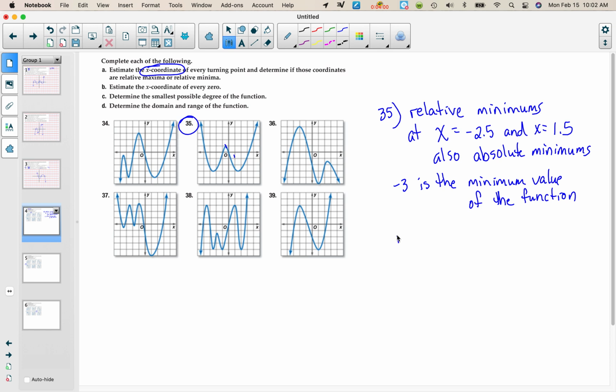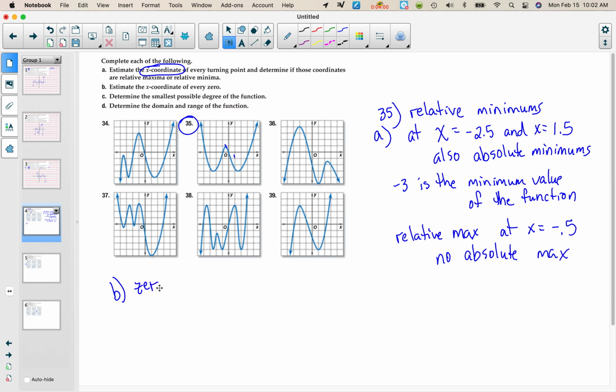So then there is a relative max at x equals, and that looks about to be negative 0.5. And notice that there is no absolute max. So that's part A. Part B says estimate the x-coordinate of every zero.